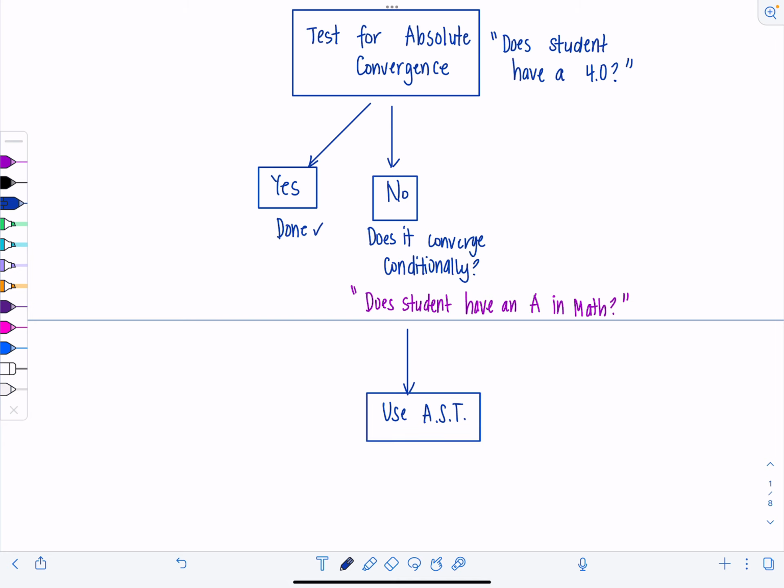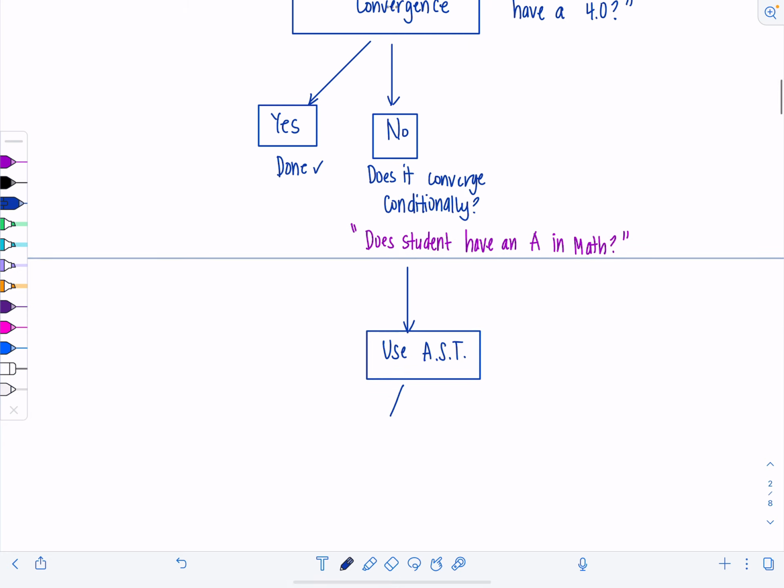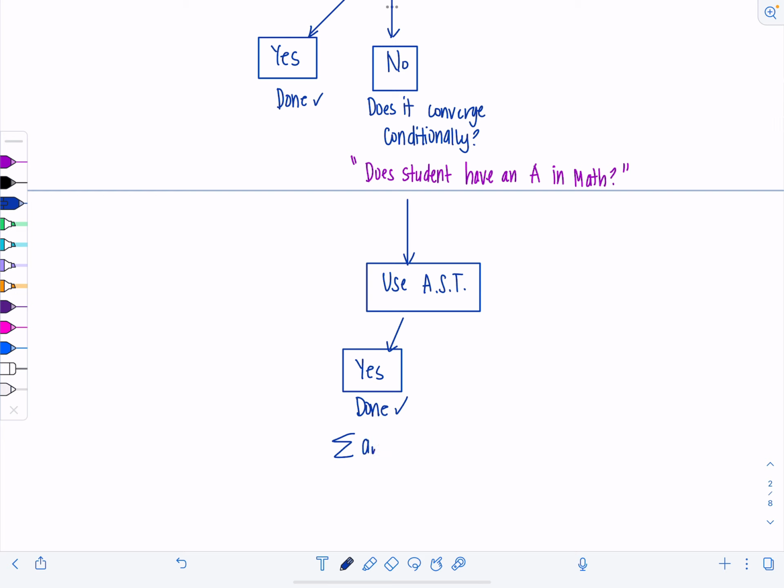Now, if it passes, if yes, then you're finally done and you can say that the series converges conditionally. Okay, so yes, you're done. Then you can say the sum of a_n converges conditionally.